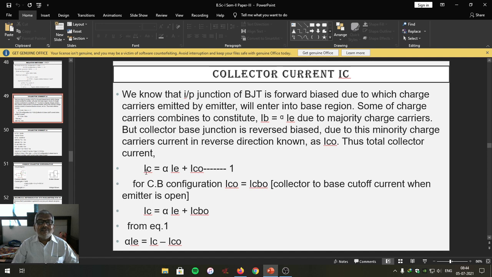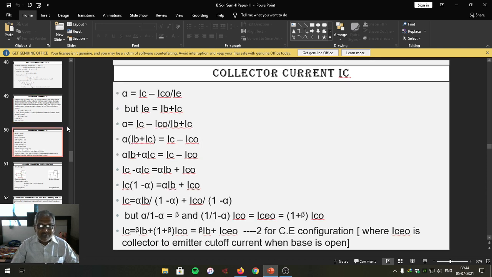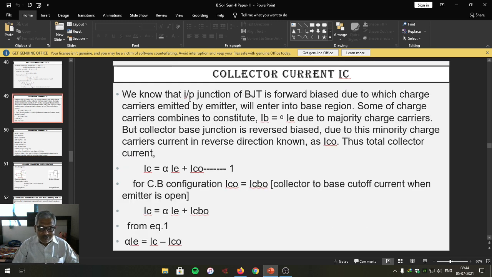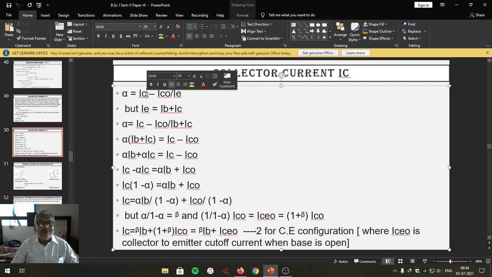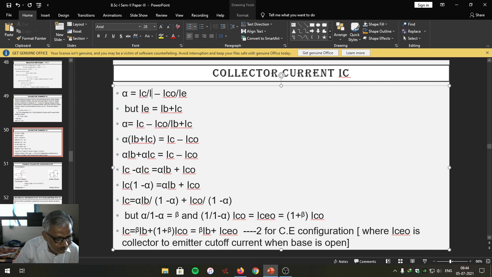So that is alpha I equal to IC minus ICO. Therefore alpha is equal to IC minus ICO upon I. Is it right? I is taken on that side. IC upon I minus ICO upon I.